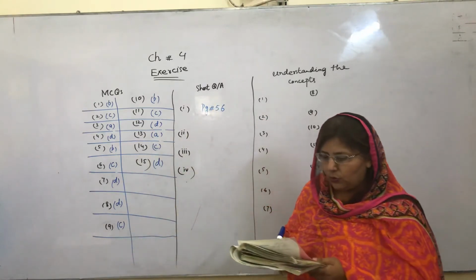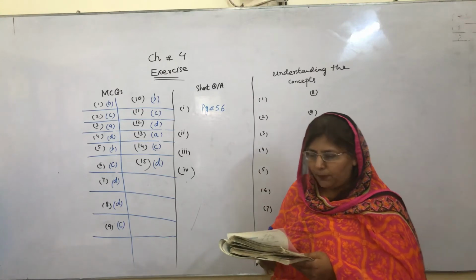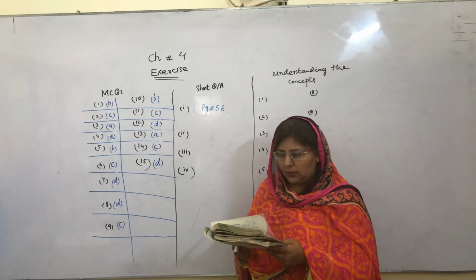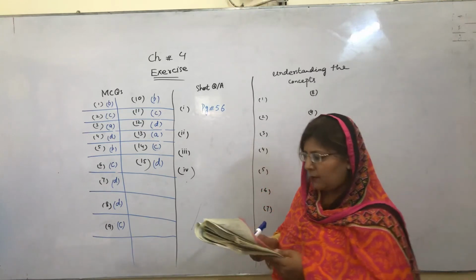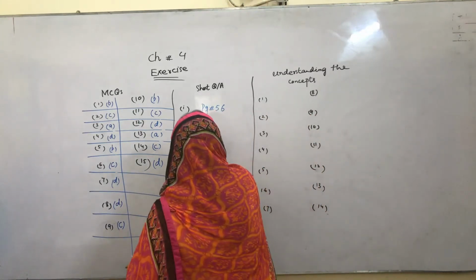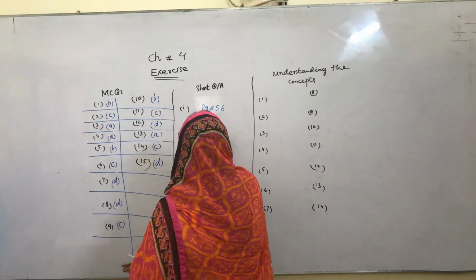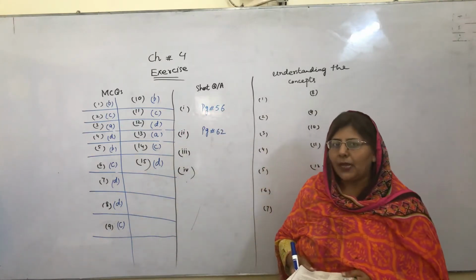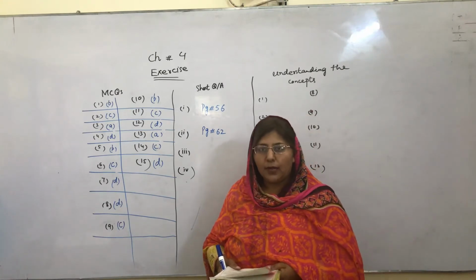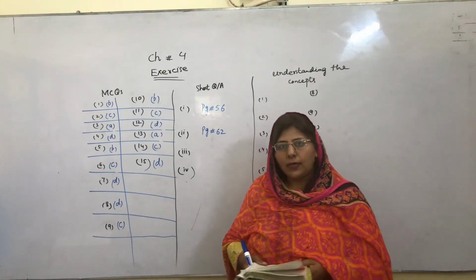Then question number 2, what are the functions of leucoplast and chromoplast? The answer is very simple. Its answer is given in plastids, page number 62. When we discussed plastids, we studied that plastids can be divided into 3 parts: chromoplast, chloroplast and leucoplast.